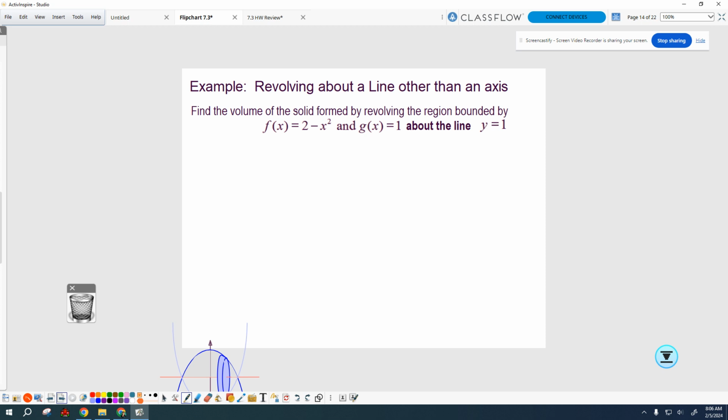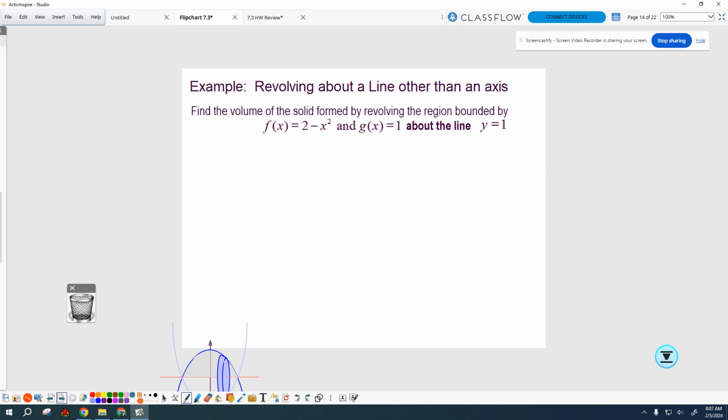This one's weird. We're not finding the area between the curves, we're finding the volume.